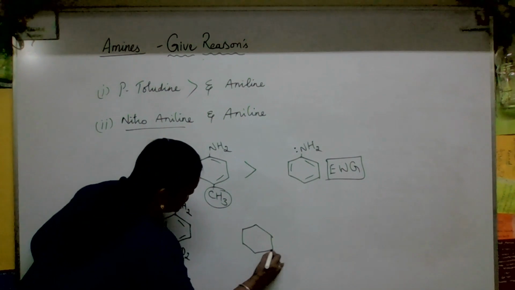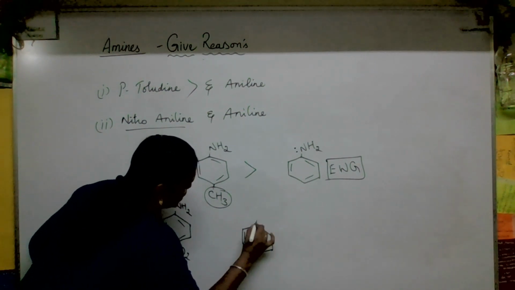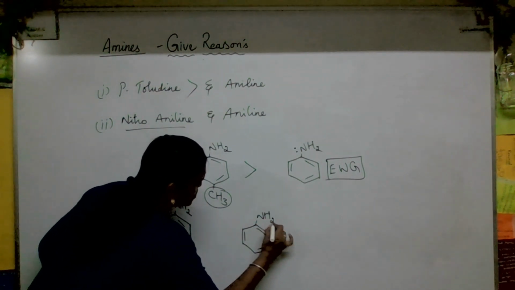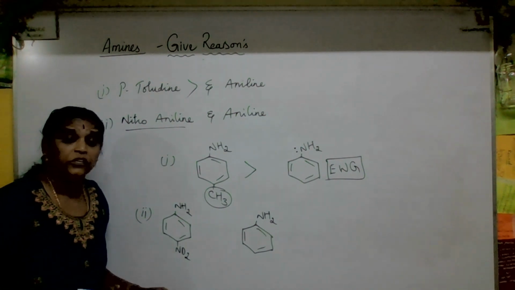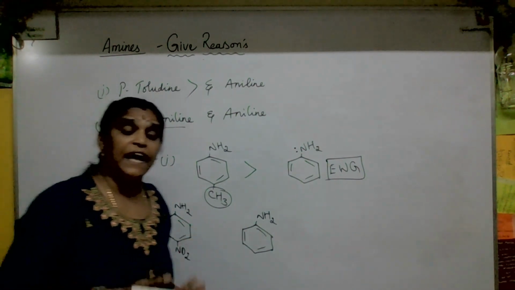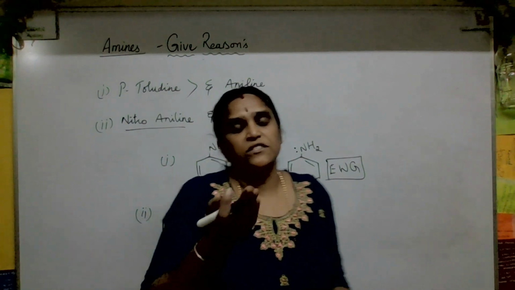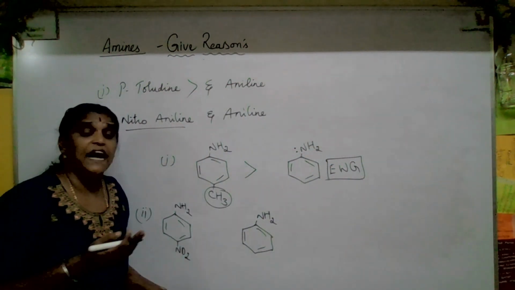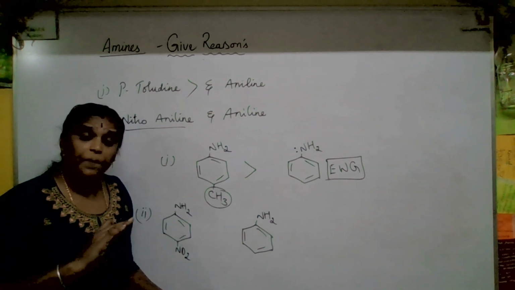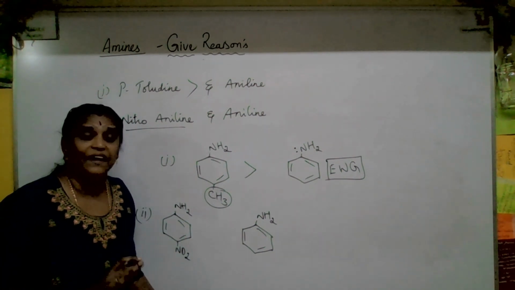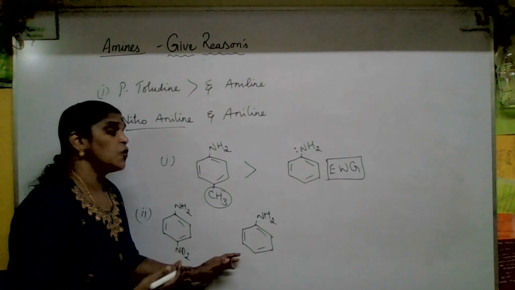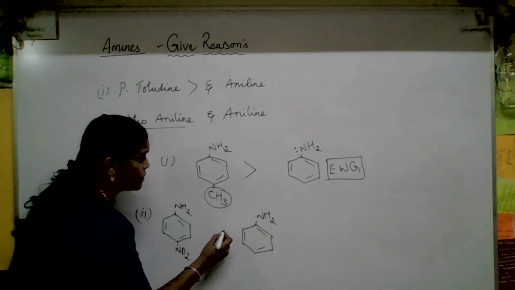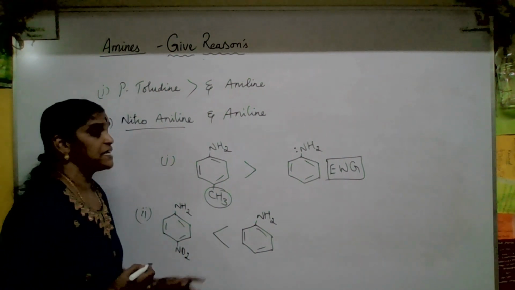Generally, when a nitro group is attached to an alkyl group, it is an electron withdrawing group, so the basic strength will be increasing. But here the nitro group is attached to the phenyl, so the basic strength will not be increasing.